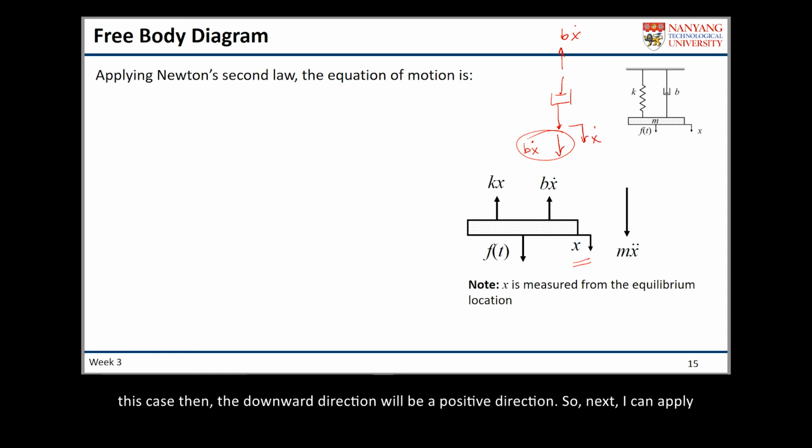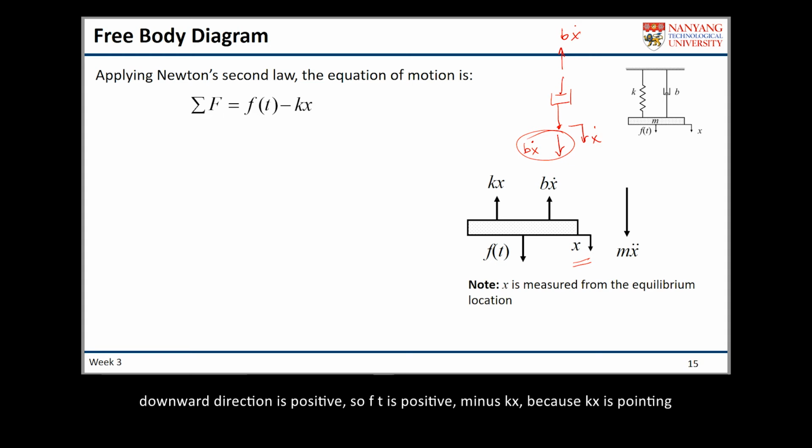Total force acting on the mass is equal to, again, as I mentioned, downward direction is positive, so F(t) is positive, minus Kx, because Kx is pointing upward, minus B x dot. This is the total forces acting on the mass. And as Newton said, the total forces acting on the mass will be equal to the mass times acceleration.